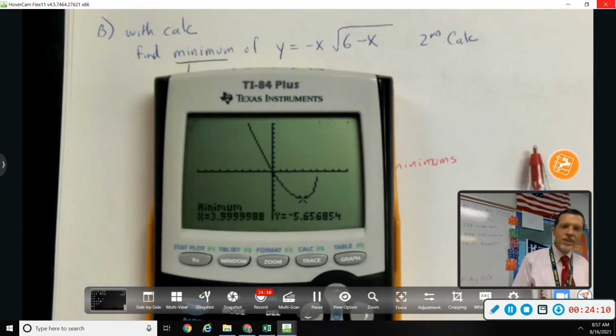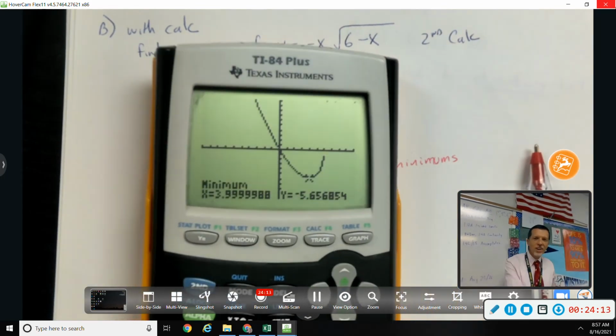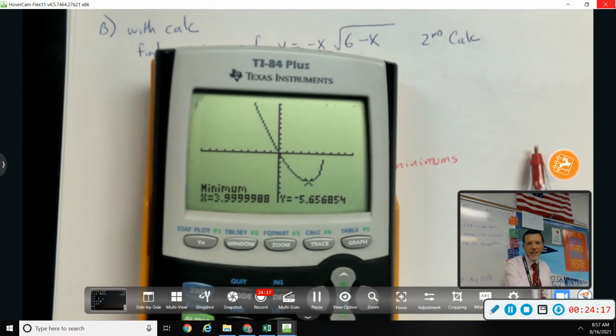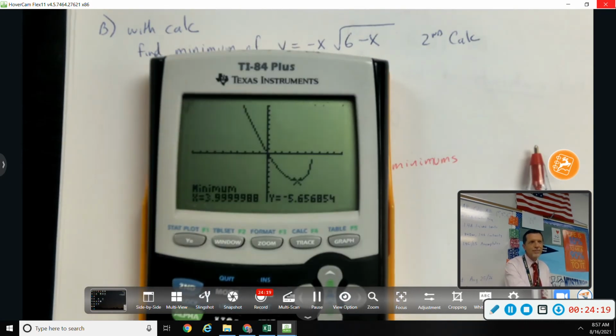Oh, this is a good example, because the calculator says my minimum's at X value of 3.9999988. Mine says 4.0000006. It should say 4. If it says 4.0, there should be a whole bunch of zeros.